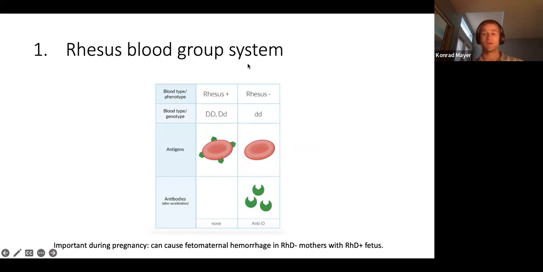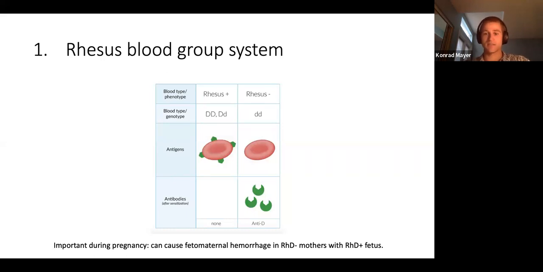There are tons of Rhesus blood antigens, and the only one you really have to know is the Rhesus D. So whenever anybody says Rhesus positive or Rhesus negative, it's always referring to the Rhesus D antigen. People can, for example, say, oh, my blood type is A positive. And the positive is referring to the Rhesus, and specifically Rhesus D system.